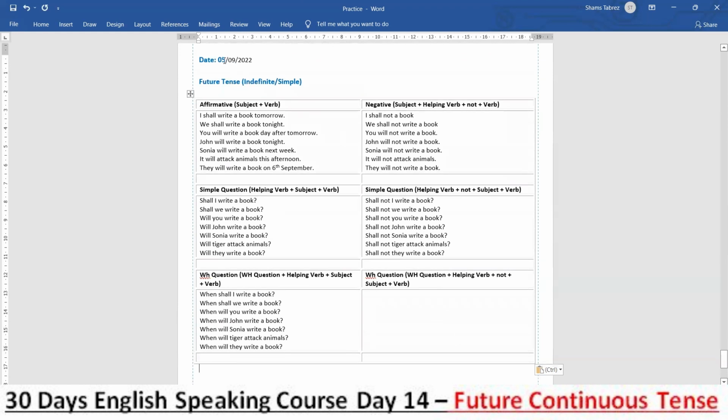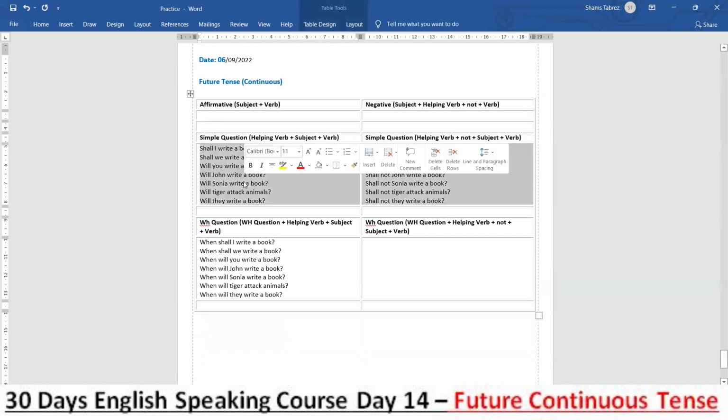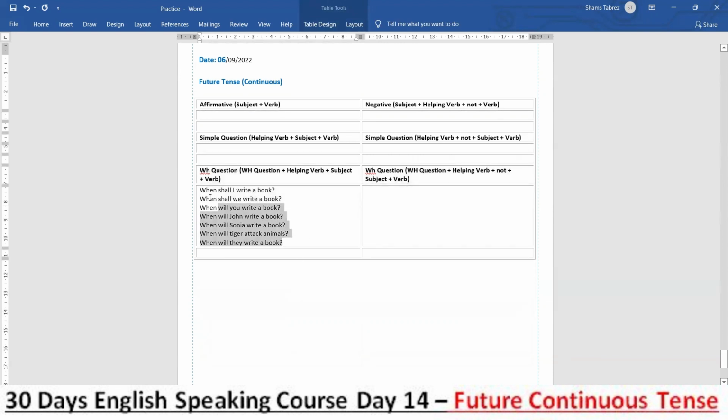All right. So today is 6th of September, and in future tense, we are discussing continuous. Yes, please make sentences by using. I shall be writing a book. Okay. Let me write.